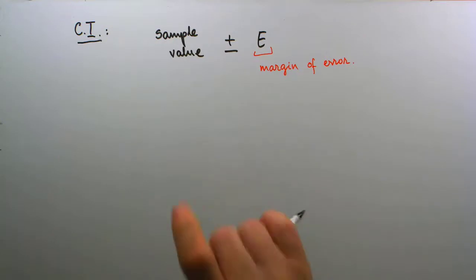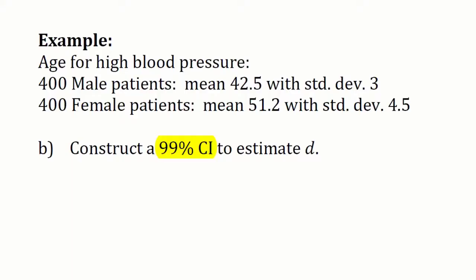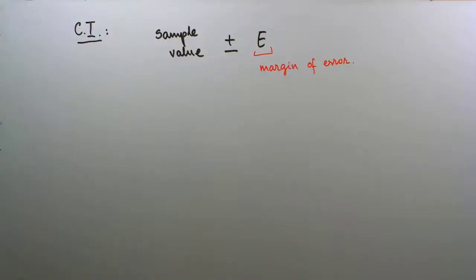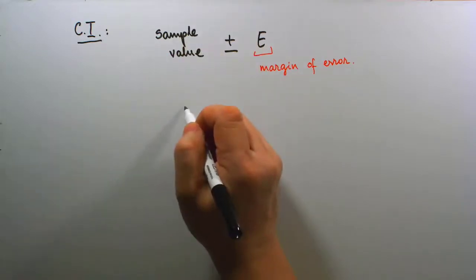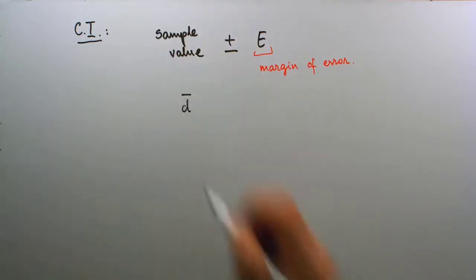And so in this case here, in our particular problem, we want to use the confidence interval to estimate D here. That's defined as the difference in population mean values. And so the corresponding sample value for that would make perfect sense to be the D bar value.